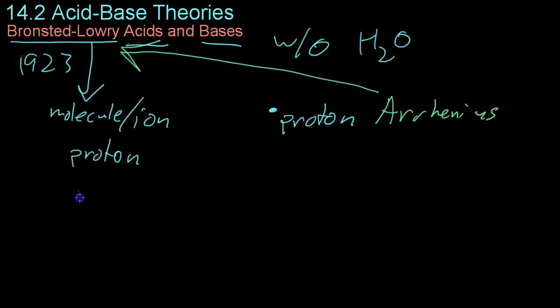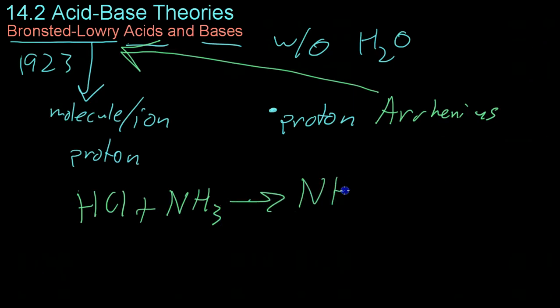However, some acids, including hydrochloric acid, when dissolved in things other than water, will also donate a proton. For example, they will donate a proton to ammonia to make it ammonium, leaving behind a chlorine ion.